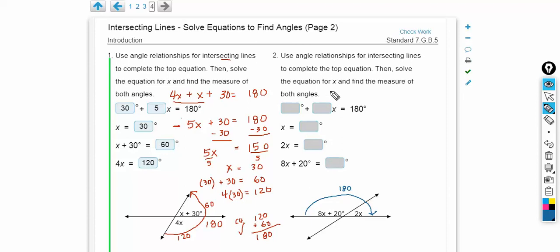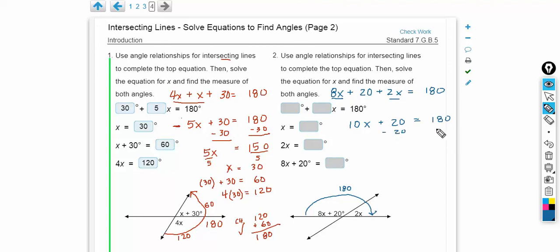So that means that 8x plus 20 plus 2x equals 180. We're going to combine these like terms, and we would get 10x plus 20 equals 180.